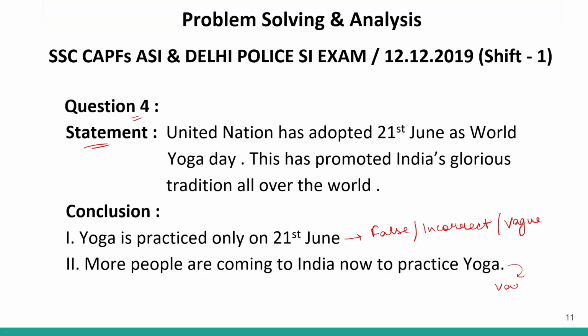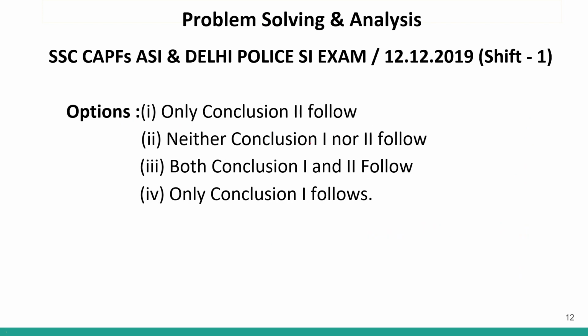Again, a very vague statement. This cannot be definitive. There is a possibility, but then again, this cannot be definitive based on this data. So both the conclusions are false. So in options, we have neither conclusion 1 nor conclusion 2 follow, which is option number 2. So option number 2 will be your correct answer to this question.